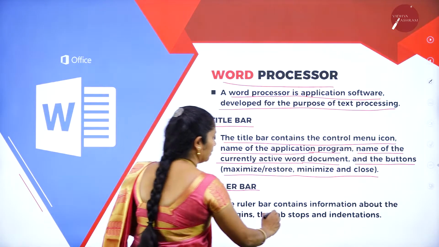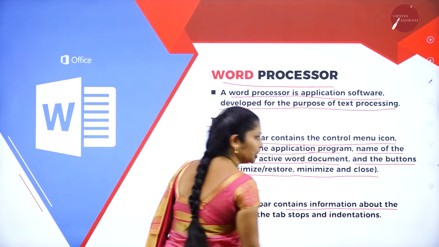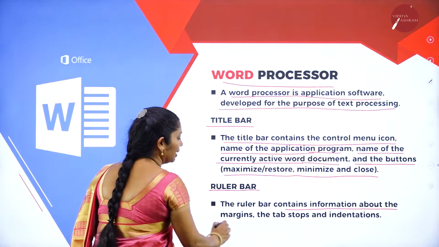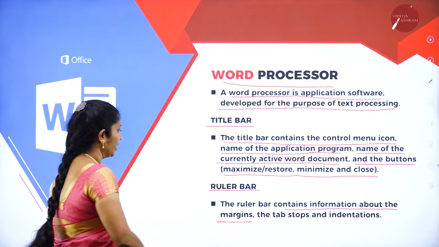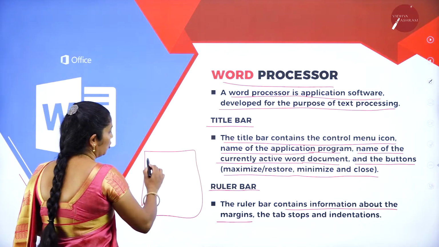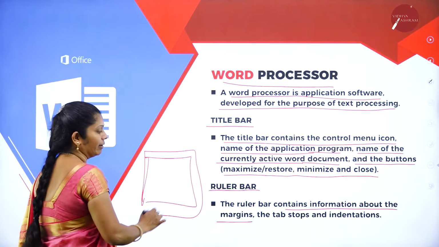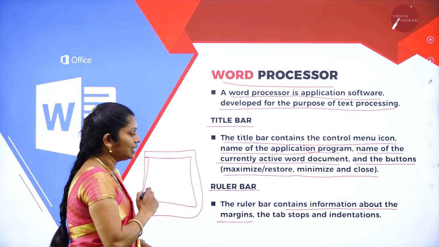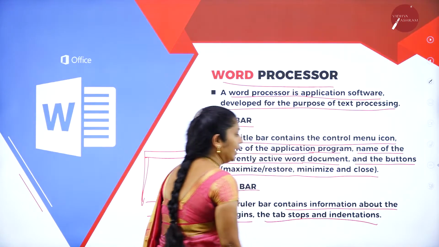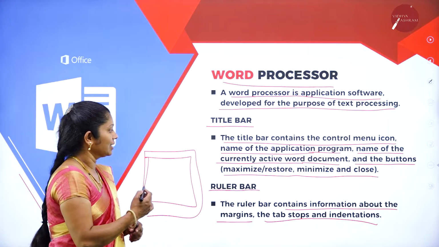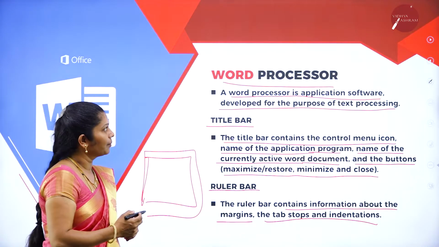The ruler bar contains information about the margins, how much margin we require in the document. Regarding that, we can get it in this ruler bar: the margin, the tab stops and indentations. These are the things regarding the ruler bar.